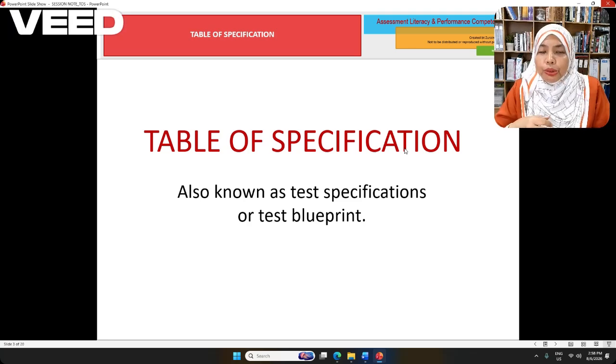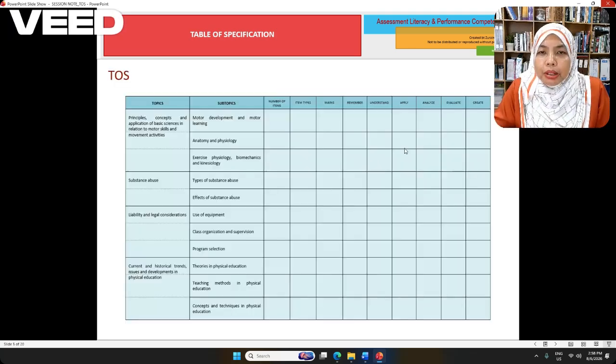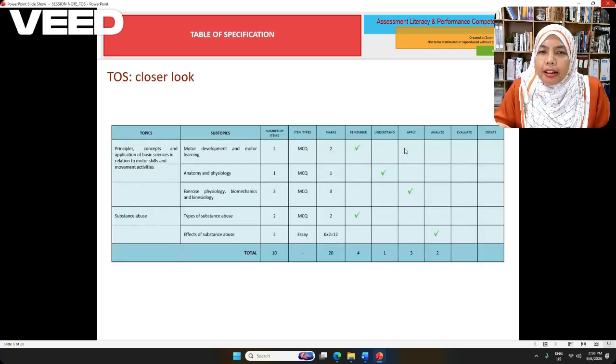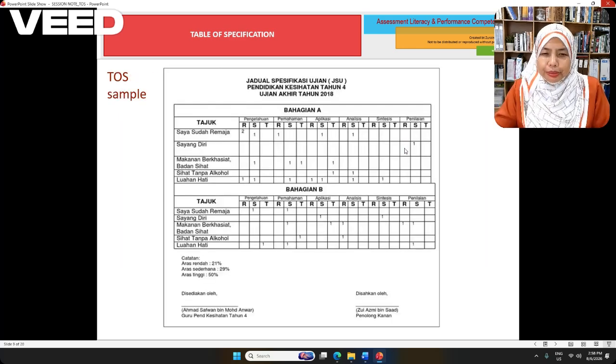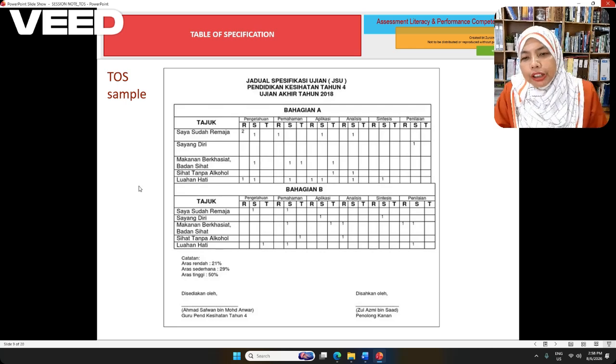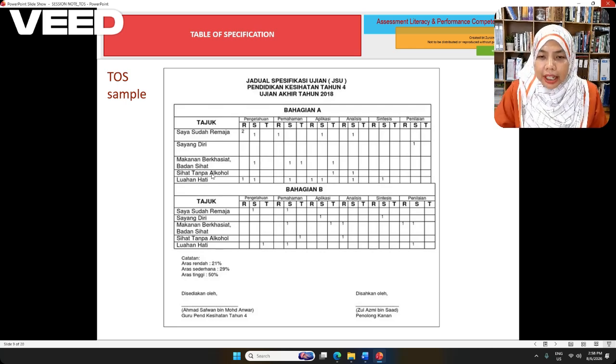And if you were to Google table of specifications, there are various formats, all right, and various templates. Whatever the format is, there will be some salient information that we must have in our TOS, and that would be listing down the content standards or learning standards measured by the test or exam.